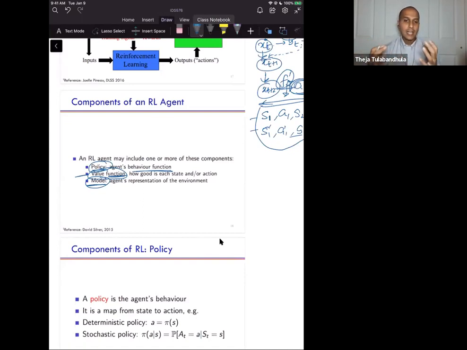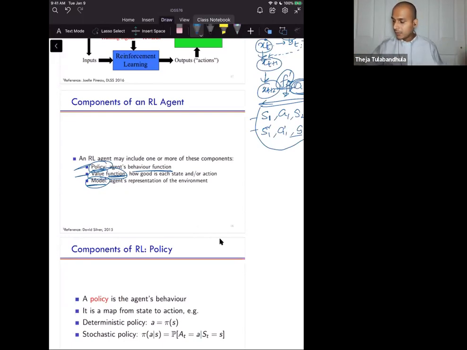So an agent could have a representation of how the environment changes, and if it has a sense of how the environment changes, it can again take an action. So these are all objects that the agent can use. Certainly, the agent has to produce a policy at the end of the day, but it can also have intermediate things like values, or it can also rely on a model of how the environment could change, its notion of how the environment can change as a function of actions.